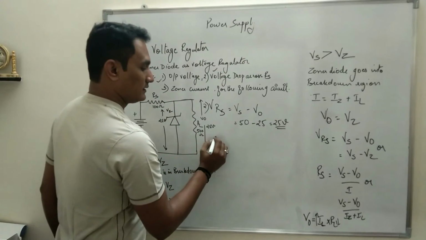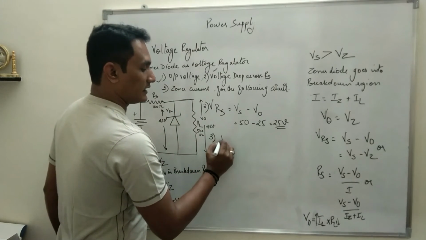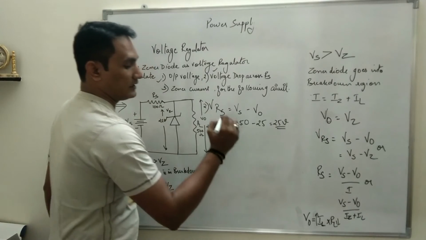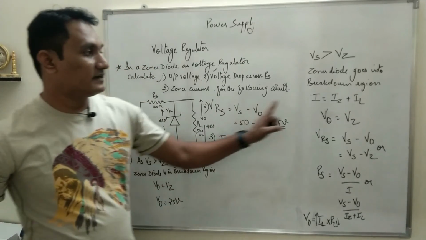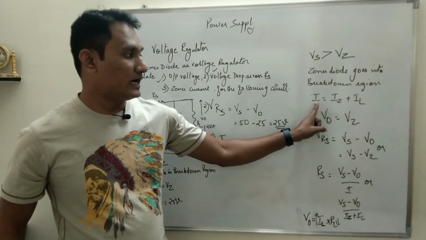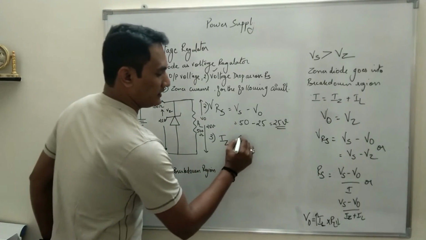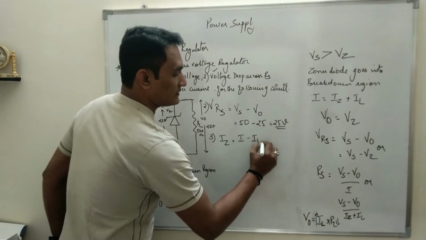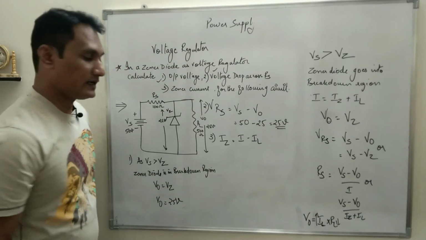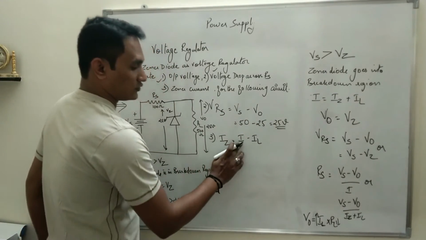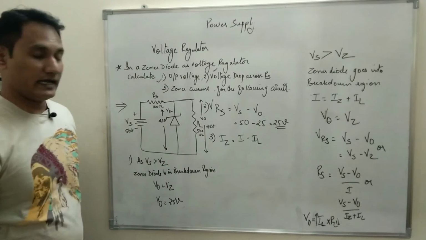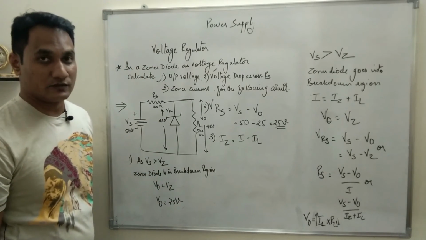The third one is the Zener current. That means we are trying to calculate Iz. What is Iz? By this formula, I is equal to Iz plus IL. So Iz will be I minus IL. Of course, we don't know both I and IL. We need to calculate I as well as IL.